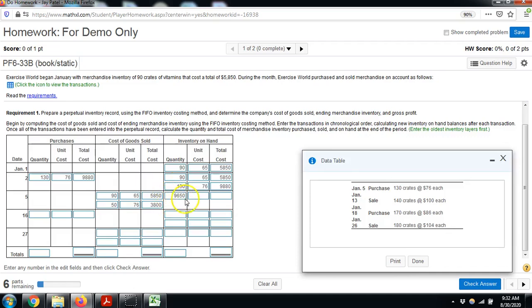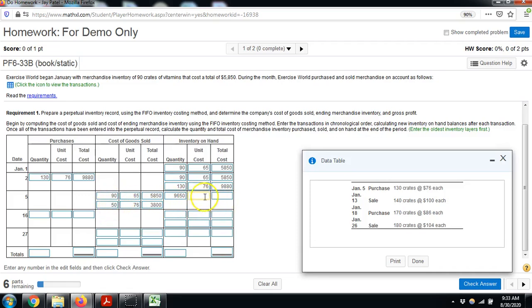So again, in the journal entry that we do for this sales transaction, for our costing of inventory, the cost of goods sold will be this $9,650. All this background calculation is just something we do on this table and is based on the inventory method. But in the journal entry, we're only going to be really seeing this output of it, which is this total cost of goods sold for this 140 units that we're selling.